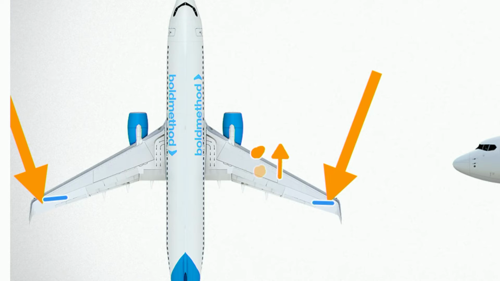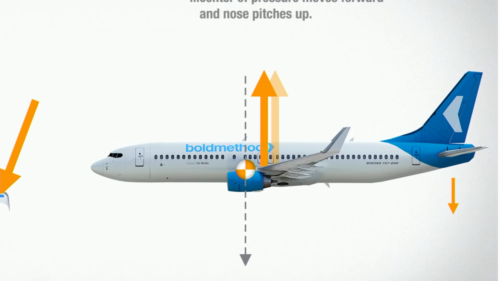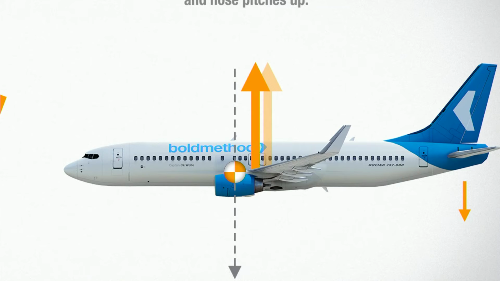It's going to move essentially forward. So what does that mean when we look at the airplane? Well, our old arm between the center of gravity and the center of pressure is going to get smaller. And so now, essentially, you end up with too much tail down force, and the aircraft's nose is going to start to pitch up on you. This is less known, it's less talked about, but if your wingtips were to stall first, this is something that you can end up with.